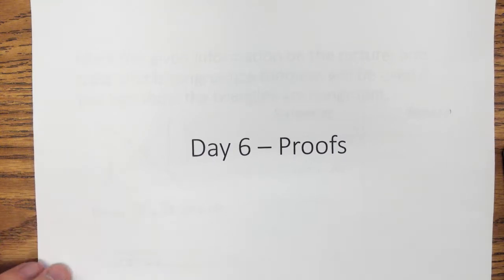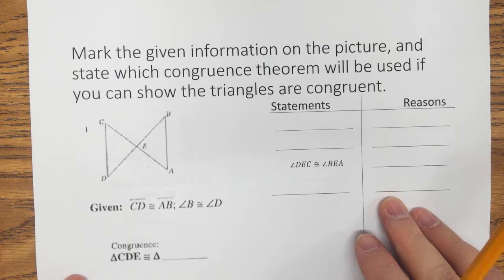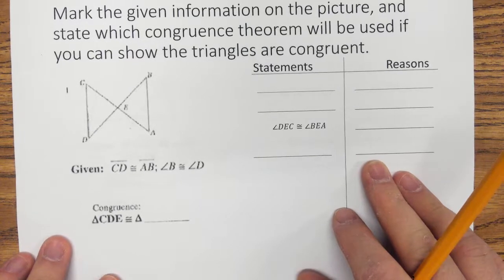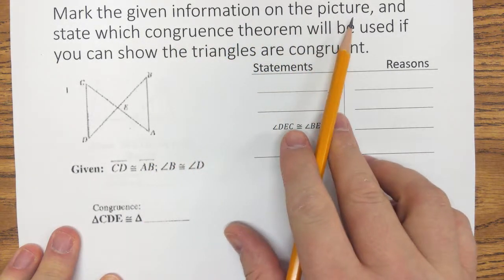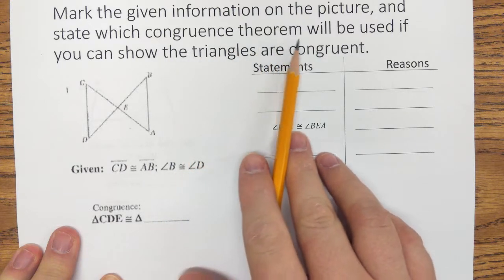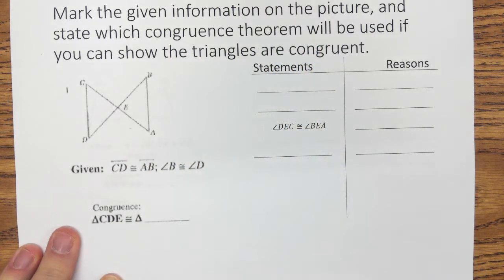Okay, so we're going to start doing proofs for congruent triangles. In order to do this, we want to mark the information that's given on the picture and state which congruence theorem will be used if you can show the triangles are congruent. So first of all, what triangles are we trying to prove congruent?